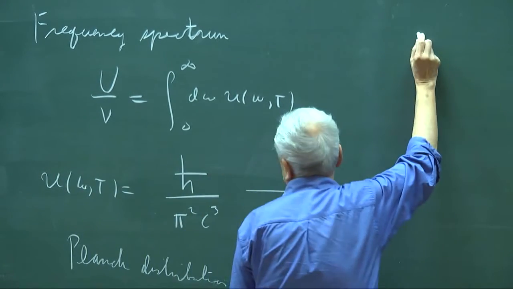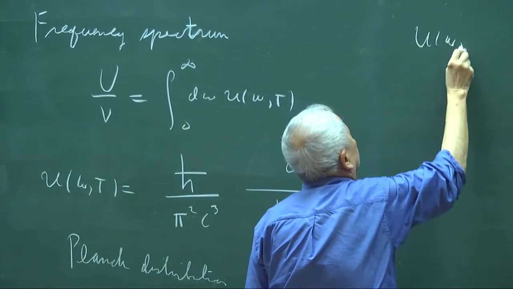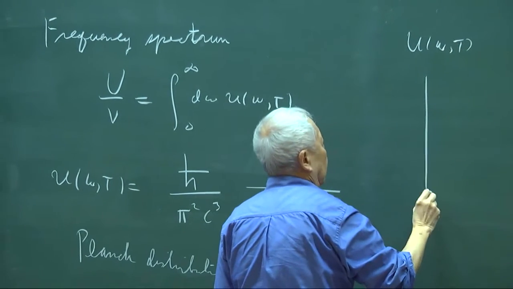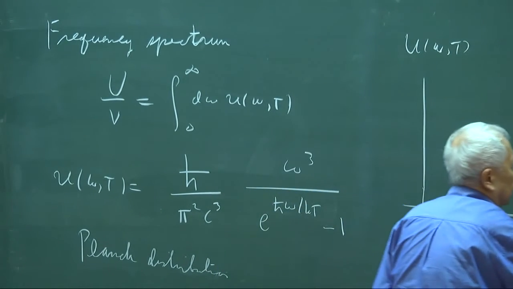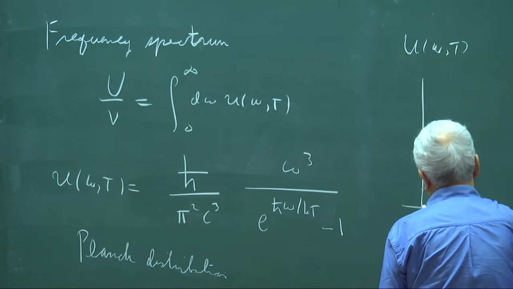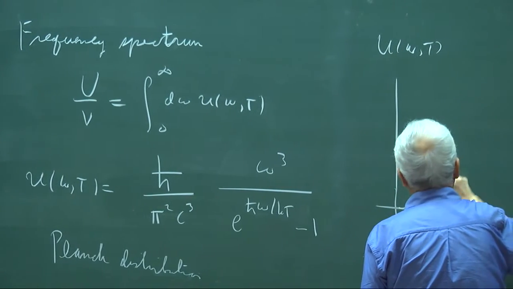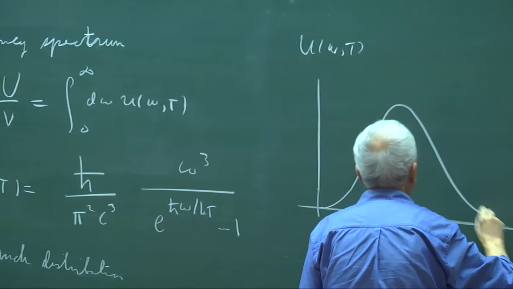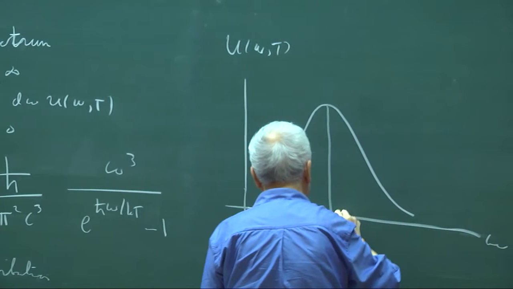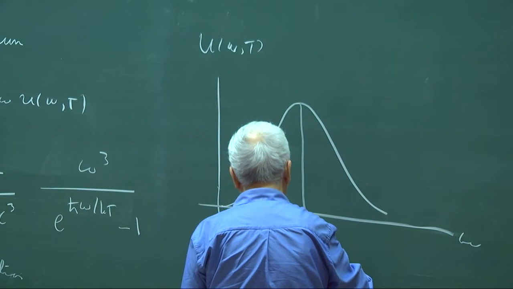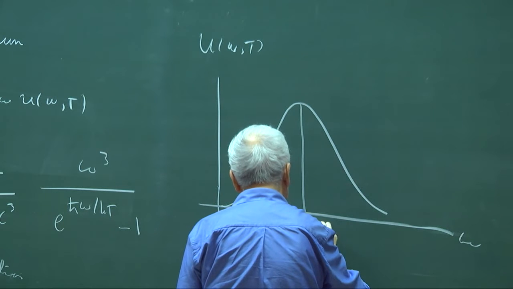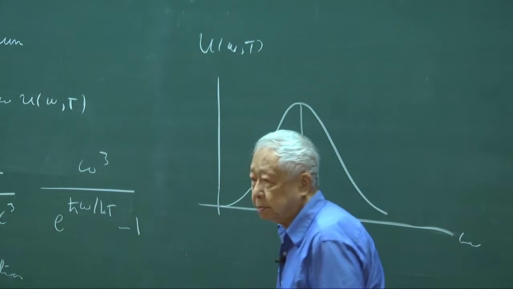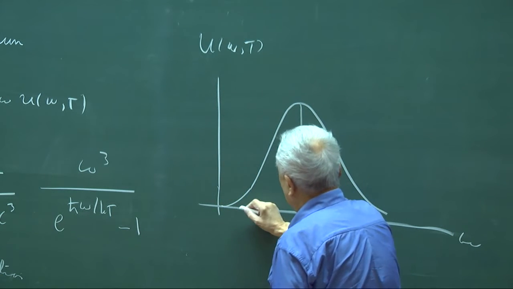If you plot this u of omega, T as a function of omega, then it rises like omega cubed, past the maximum, and goes down to 0. And this maximum is proportional to T. So that if T goes higher, you get this.